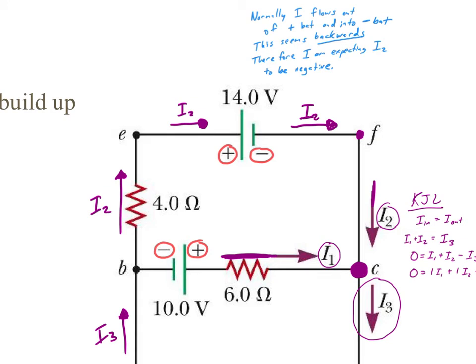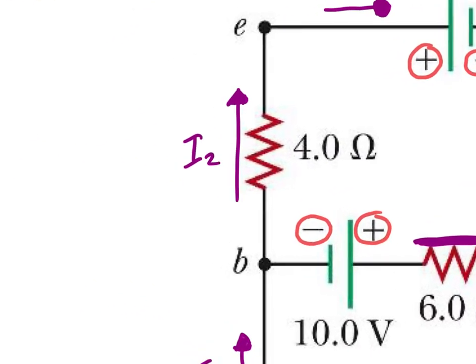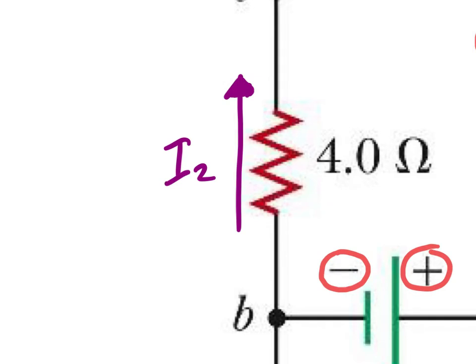It's different for the resistors though. When it comes to resistors, we're dealing with an electric field pushing that current through. And electric fields are always in the same direction as the current. And electric fields always point from the high voltage to the low voltage.